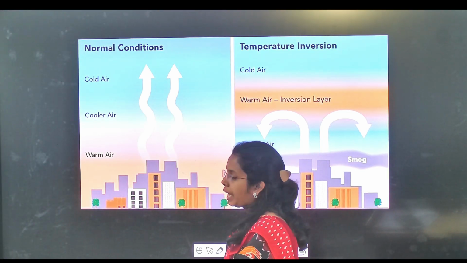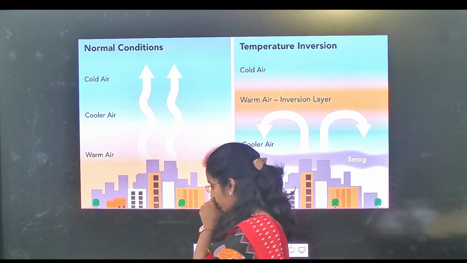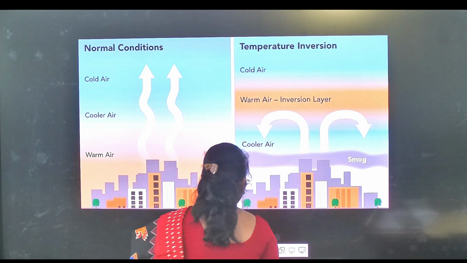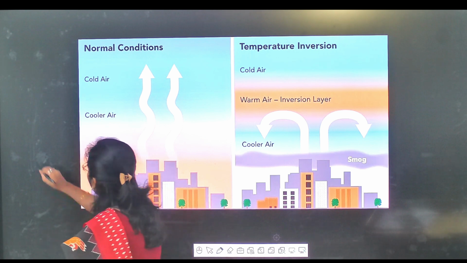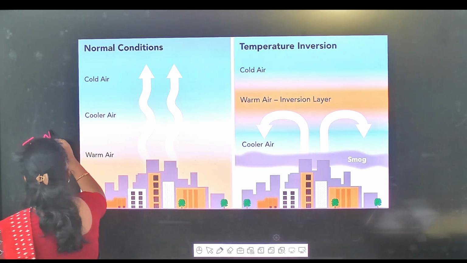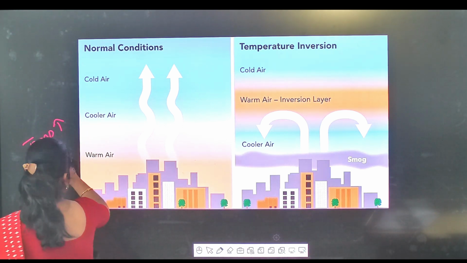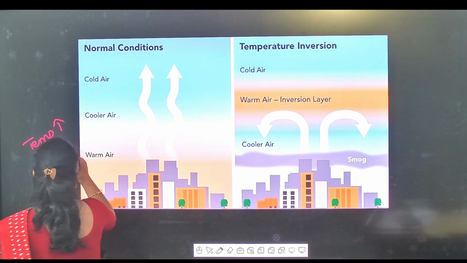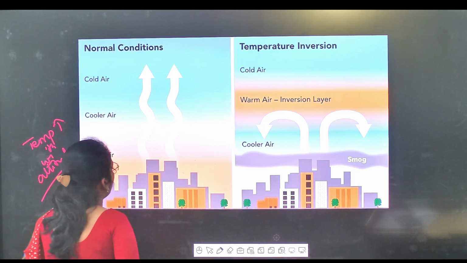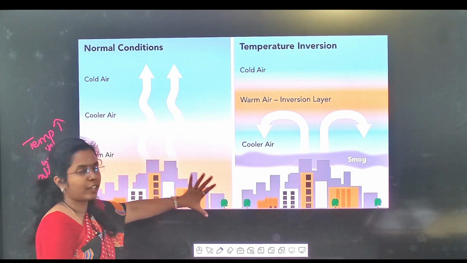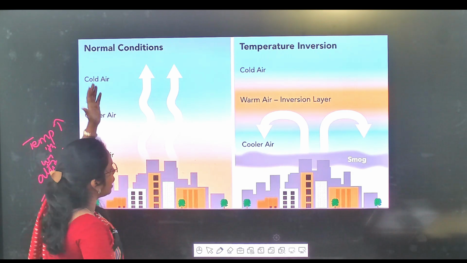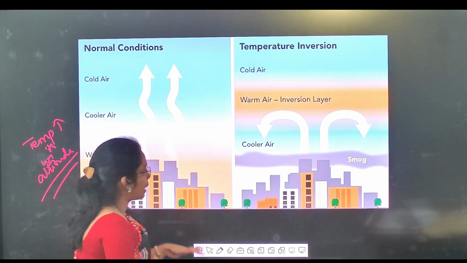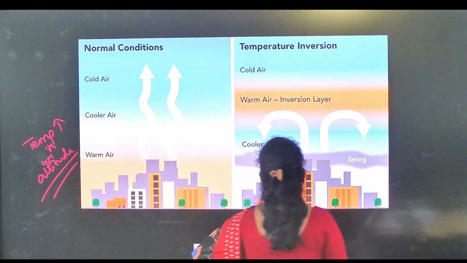Now, inversion of temperature. Temperature increases with altitude. In normal conditions, at the surface you will see warm air and in the upper layers cool air. But in inversion of temperature, what happens?